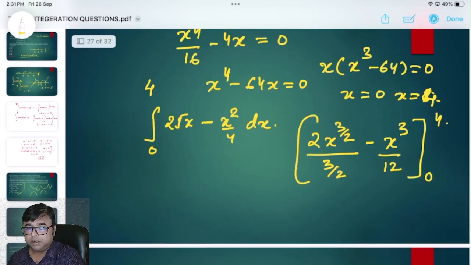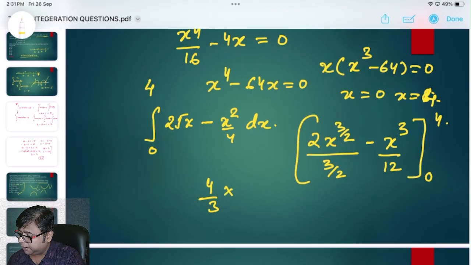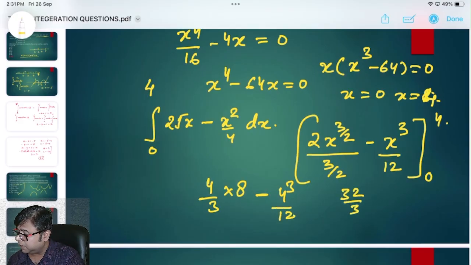I have to just put the upper limit. Since lower limit is 0, on putting 0 it will become 0 only. So if I put 4 here, this becomes 4 by 3 into 8 minus 4 cube by 12. So this gives me 32 by 3 minus 64 by 12.